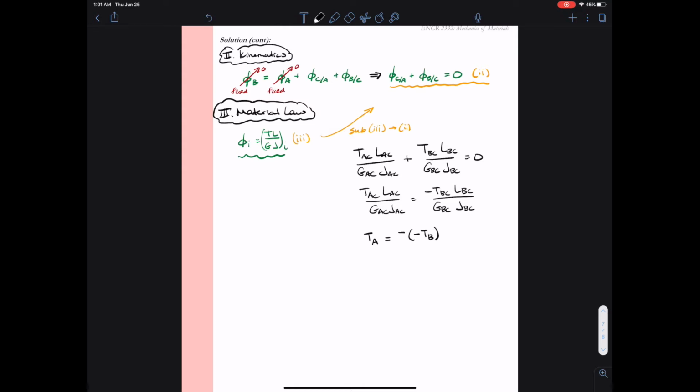And so if I write all of this in terms of T_AC, which is really the torque at A, I get that the torque at A is related to the torque at B by L_BC G_AC J_AC divided by L_AC G_BC J_BC. And this just comes from the math.